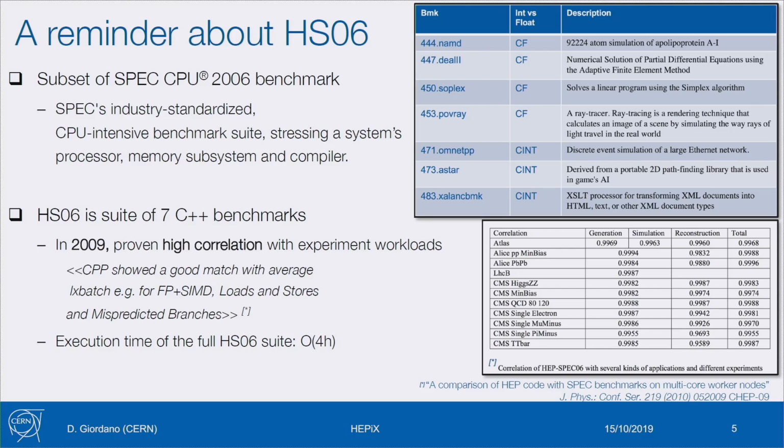Because in 2006, 7, and then 9, when we decided to move to HEPiX 6, a careful study was done comparing SPEC CPU 2006 with the workload of the experiments, and a very good correlation was found with the event throughput of generation, simulation, reconstruction, on the CPU models that were available at that time. So that is the reason why the team at that time selected the 7 C++ benchmarks, what we call old CPP, and built around that, with specific compiler flags on the rest, the HEPiX 6, okay?